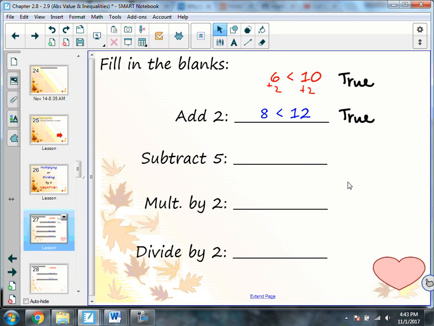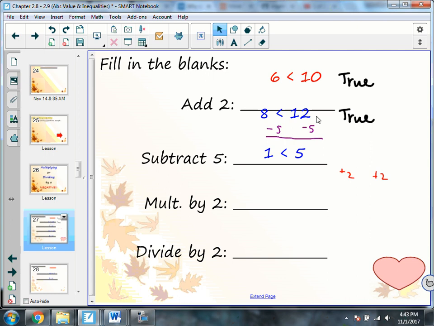We can then consider ourselves subtracting 5 from both sides. I'm sorry, I'm so silly.